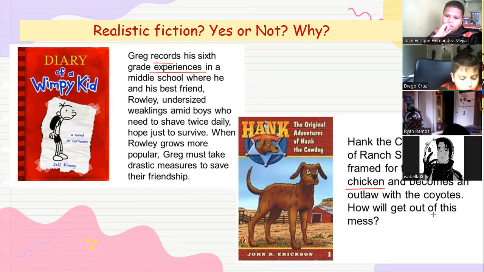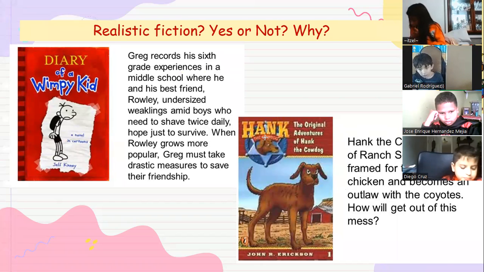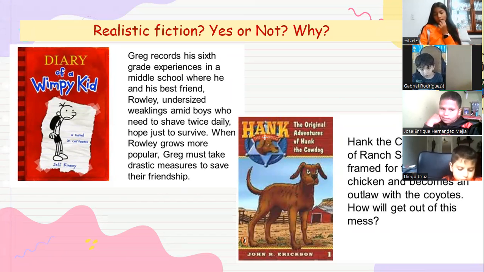How will he get out of this mess? Realistic fiction? Yes or no? No, it is not, because the story says that this dog is investigating the murder of a chicken.